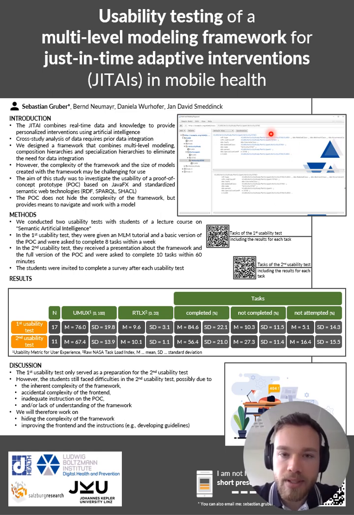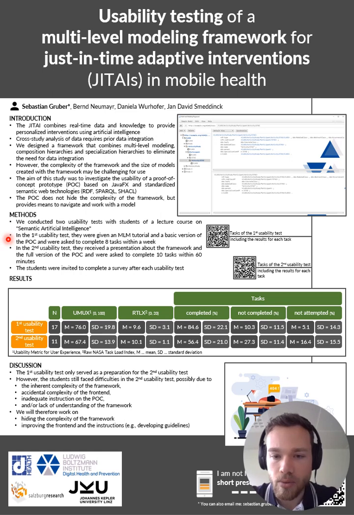We removed, for example, the add and delete button since this was not necessary. You can find the tasks of the first usability test by scanning this QR code, and we also provide the summary on how successful the students were in solving each task.